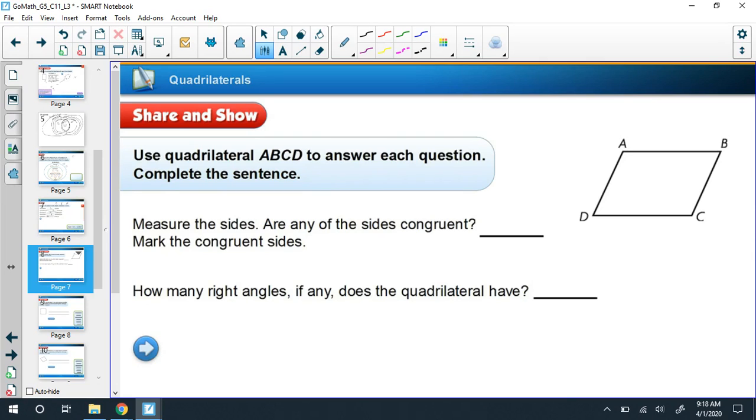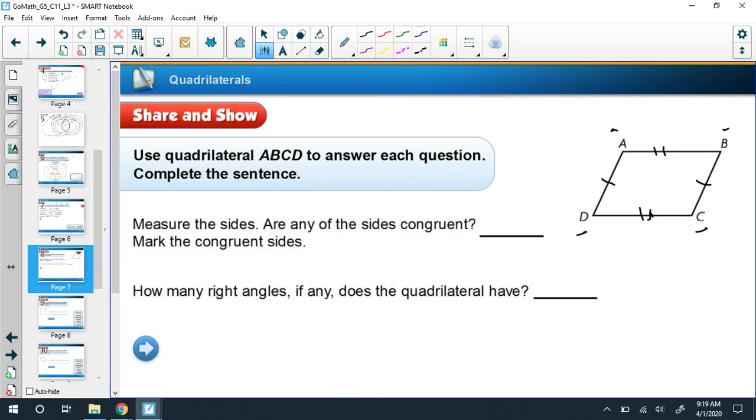Okay, here we have quadrilateral ABCD, and just like we talked about yesterday with triangles, we can label quadrilaterals based on their angles. So this is angle A and angle B and angle C and angle D, and altogether this is quadrilateral ABCD. So if we were to break out a ruler, we would see that this side and this side are congruent, and we would also see that this side and this side are also congruent.